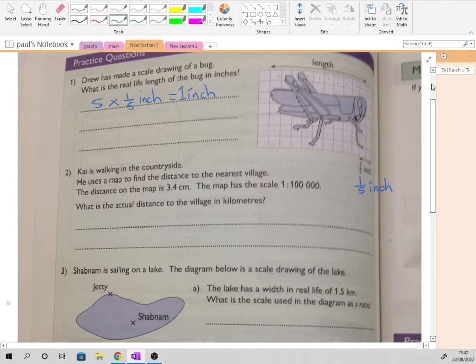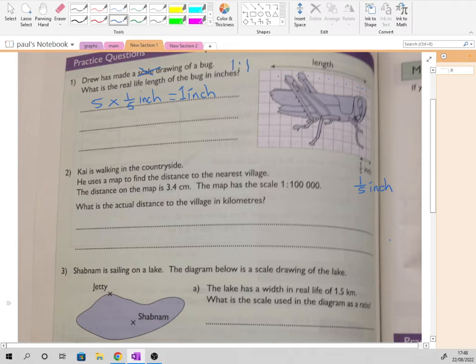Let's just check, because it didn't give a scale. Maybe it was on the previous page. So it's 1 inch. Yeah, so it's not really a scale drawing. He has just made a drawing of a bug. The scale is actually 1:1.